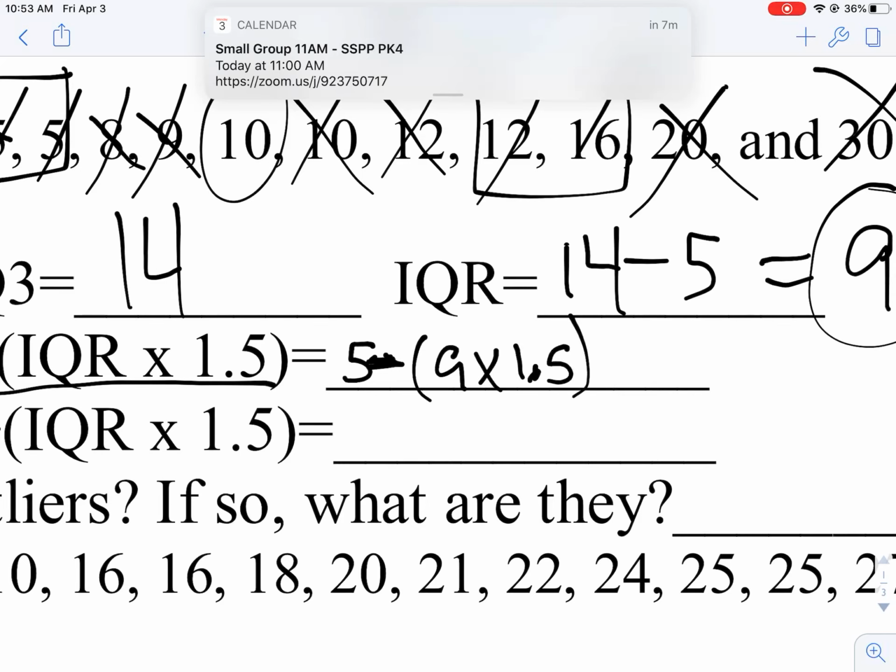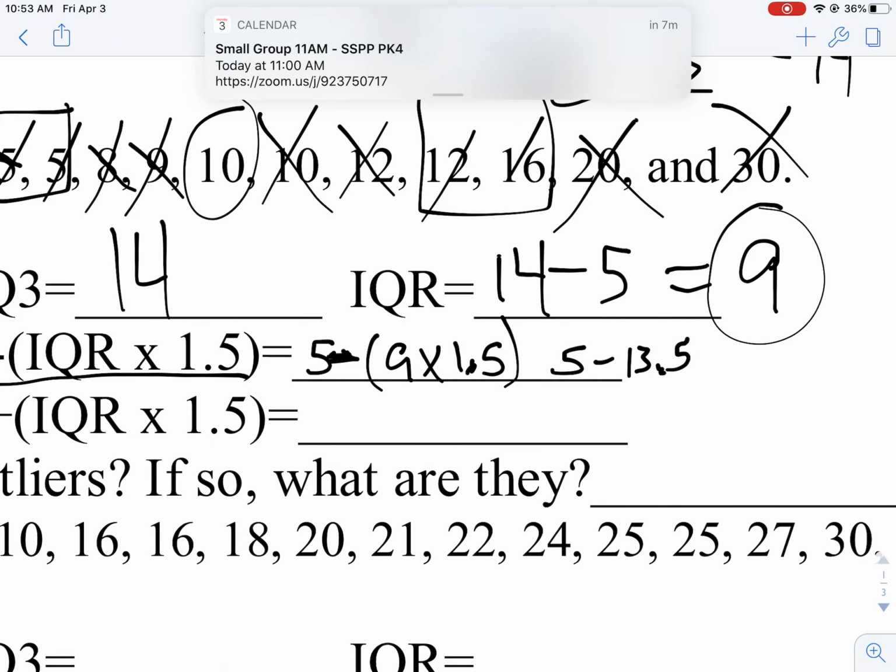So basically, I have 5, and 9 times 1.5 is going to end up being 13.5. So I have 5 minus 13.5.